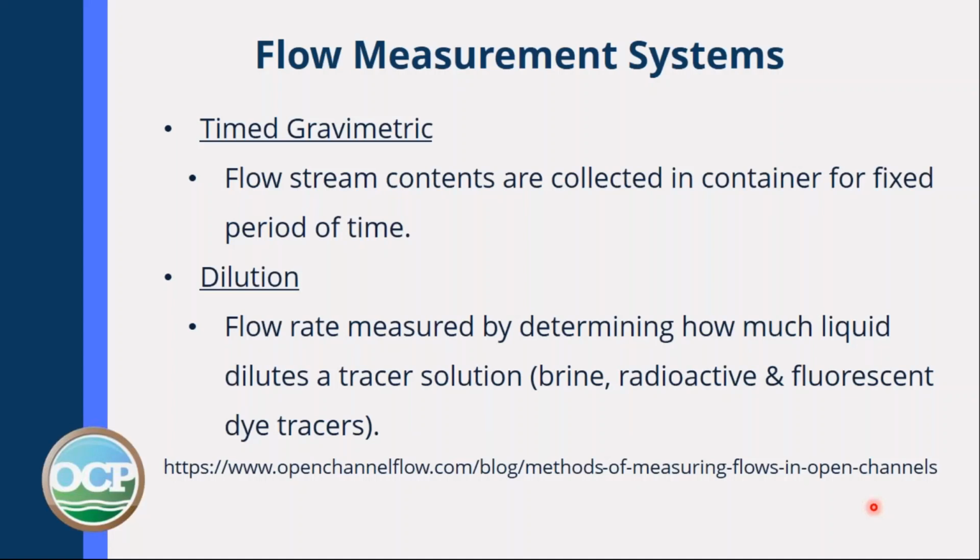At the bottom, there is a website that will go over methods of measuring flows in a little more detail. So if you want to write that down or search for that, that can be very helpful to you.